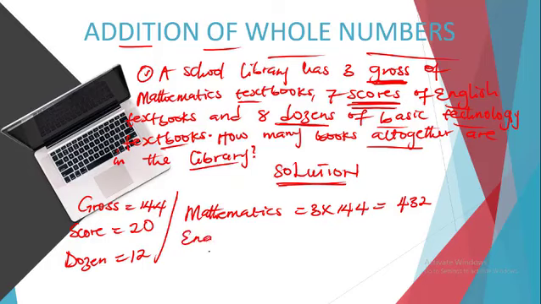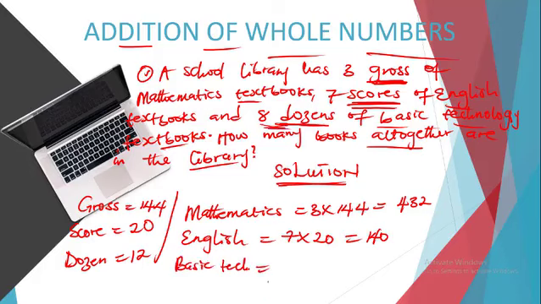So for English, it is equal to 7 times 20, and that will give us 140. Then for basic technology textbooks, we have how many? 8 dozens. So we have 8 times 12, and 8 times 12 is equal to 96.